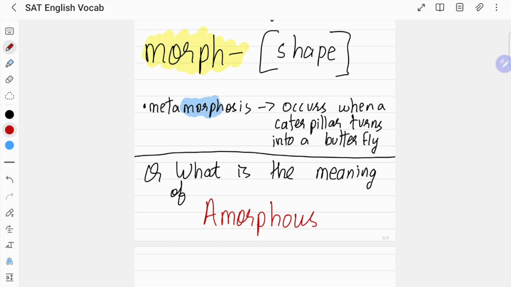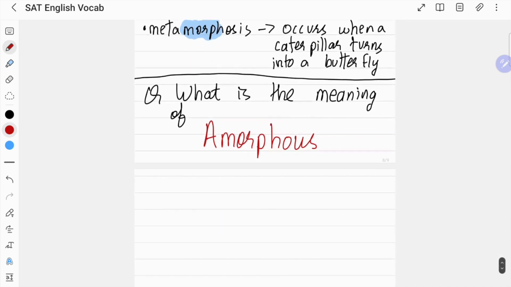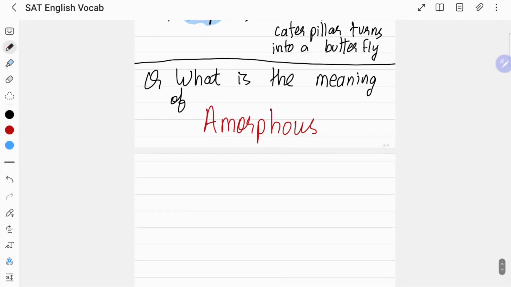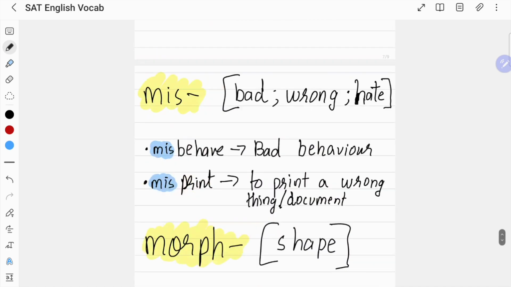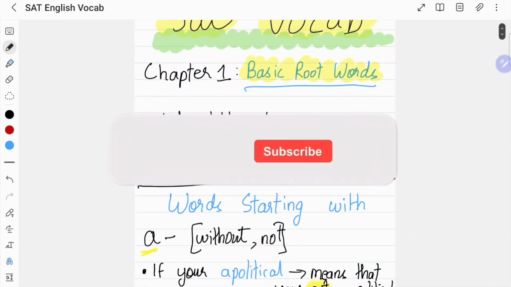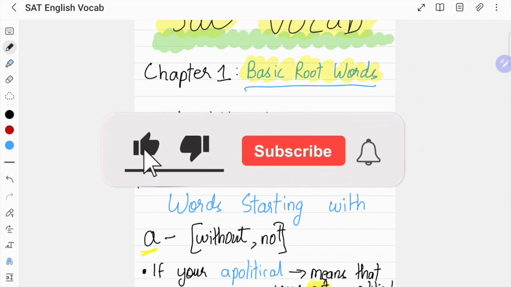Alright, the answer for this question, let's break it down actually before we even get to the answer. Here we have amorphous. Just like the first word we did in the beginning, which was, I don't even want to pronounce this word, but I will, anti-disestablishmentarianism.